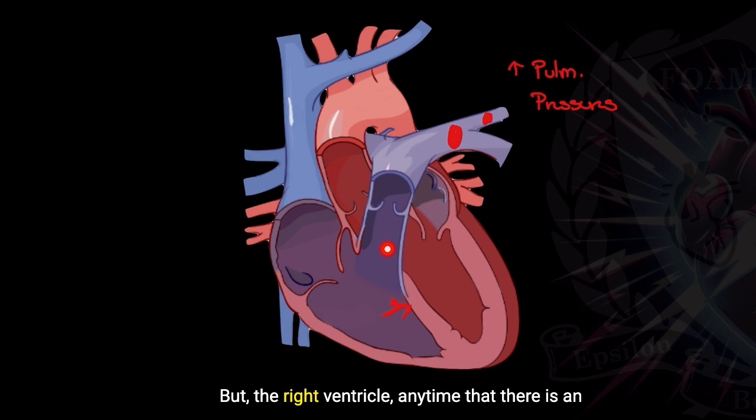But the right ventricle, anytime that there is an acute process, will begin to distend and engorge, and that will mess with the actual conduction fibers running down that right bundle. It's typically why we see the result of the right bundle branch block, because that right ventricle is becoming slowly, very distended, very engorged, and there's actually remodeling of the right ventricle that occurs. And so that's the acute process.